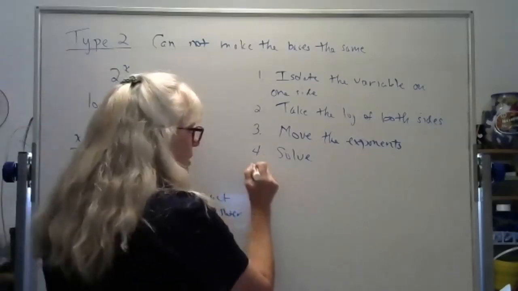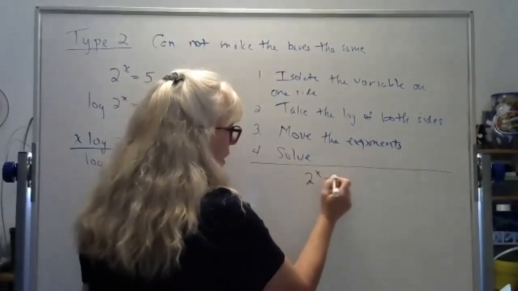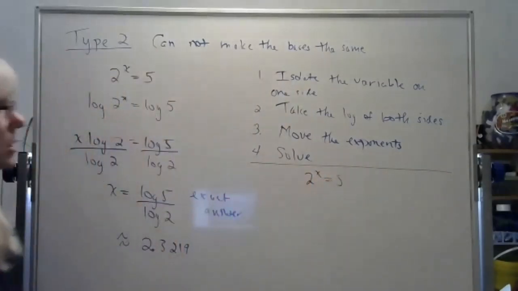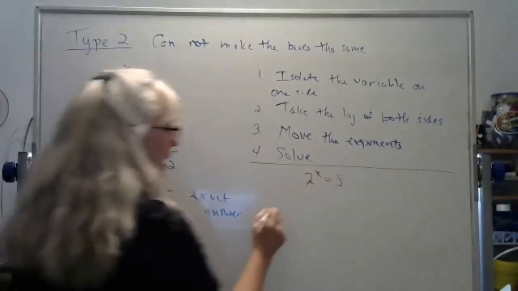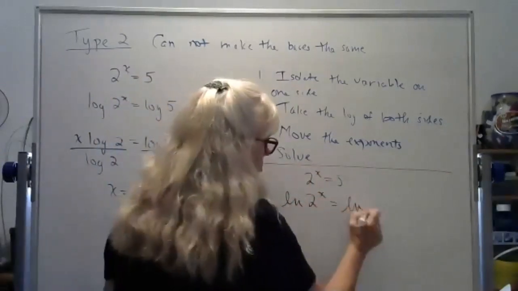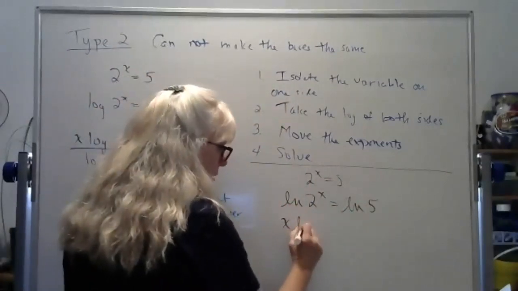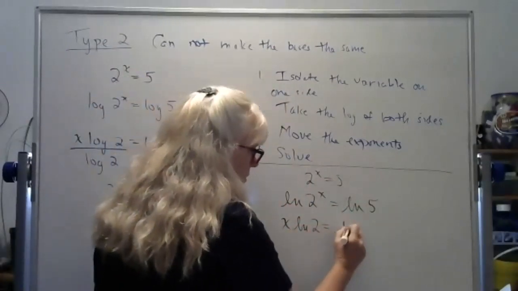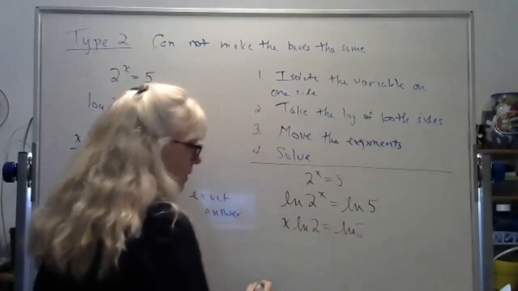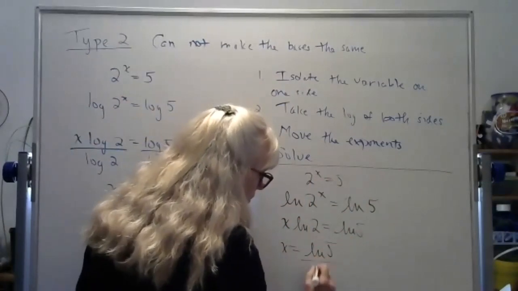But what we're going to do over here is we're going to take 2 to the x equals 5. And instead of using log base 10, we're going to use the natural log. So I have the natural log of 2 to the x equals the natural log of 5. I'll bring the x out in front again. So x natural log of 2 equals the natural log of 5. Then we'll divide. So x is going to be the natural log of 5 all over the natural log of 2.